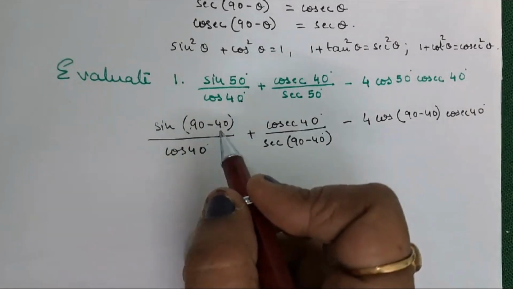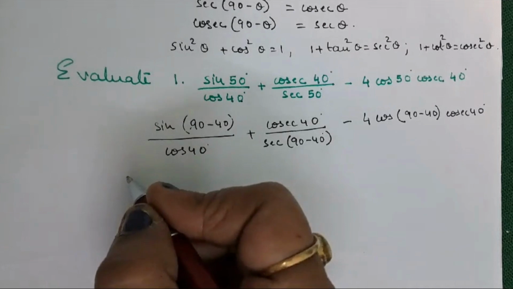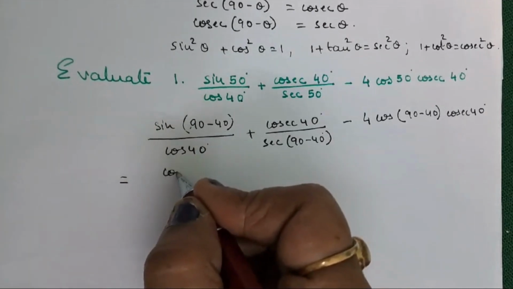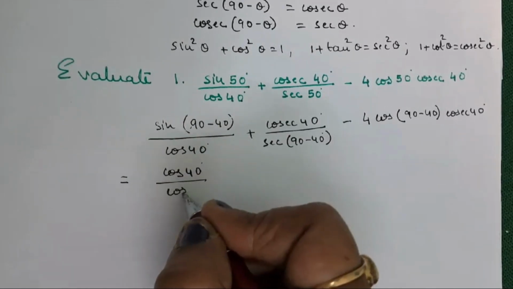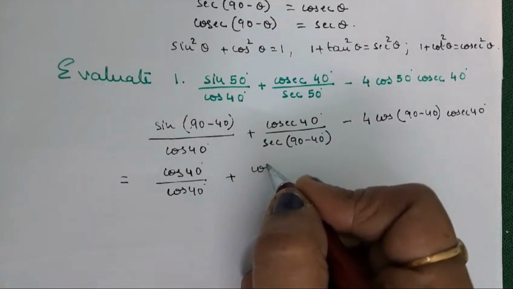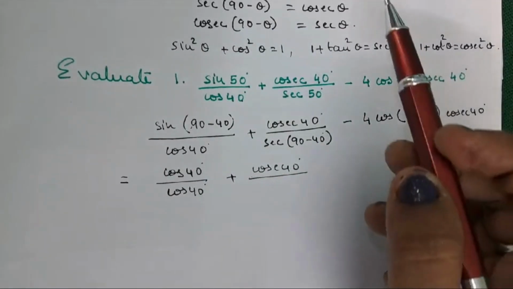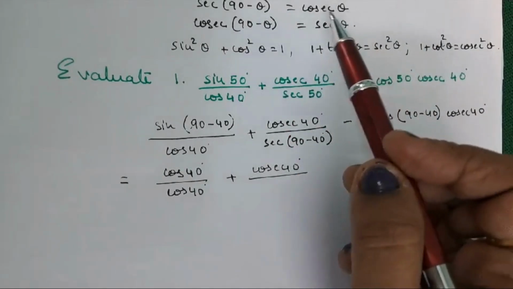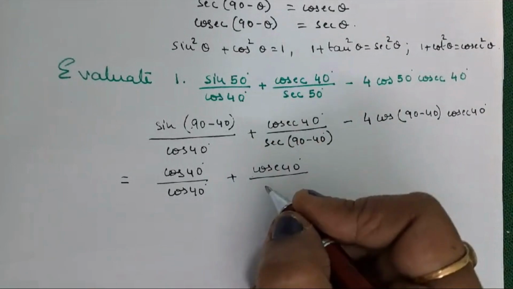So sin 90 minus 40 is in the form of sin 90 minus theta, so that will give you cos theta. So it will become cos 40 by cos 40 plus cosec 40. Now sec 90 minus 40 we write as cosec 40, because sec 90 minus theta is cosec theta.